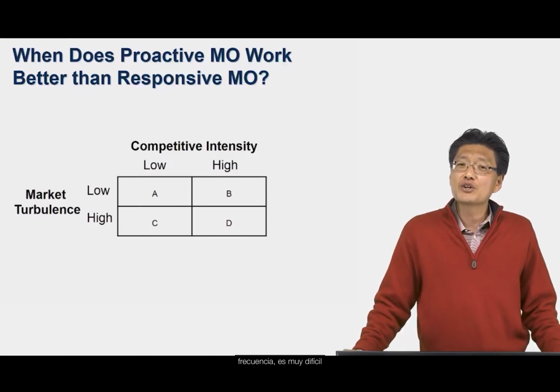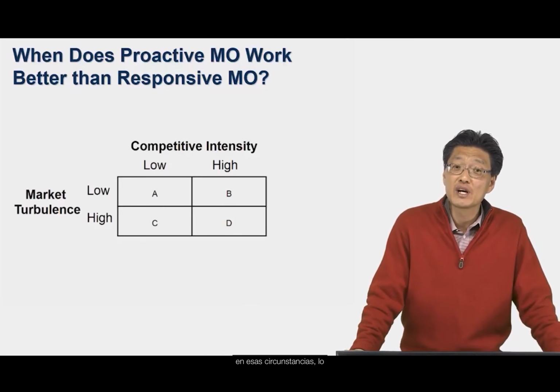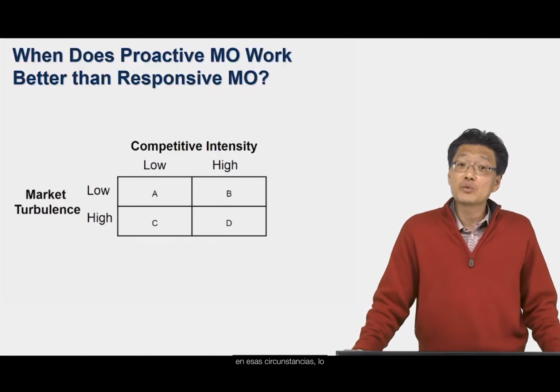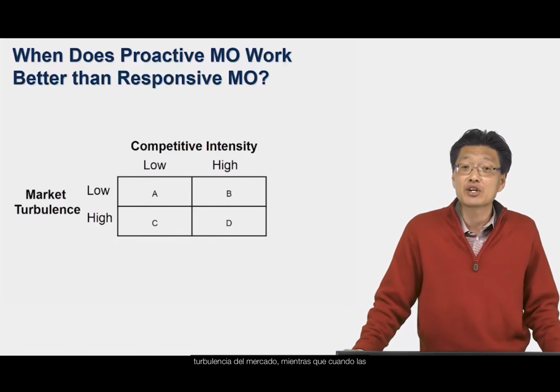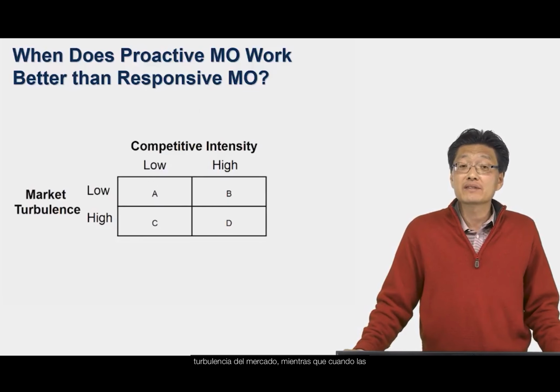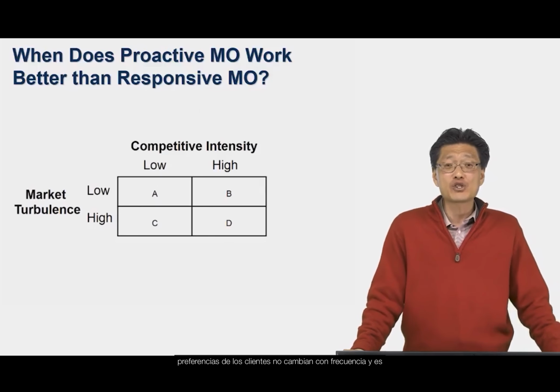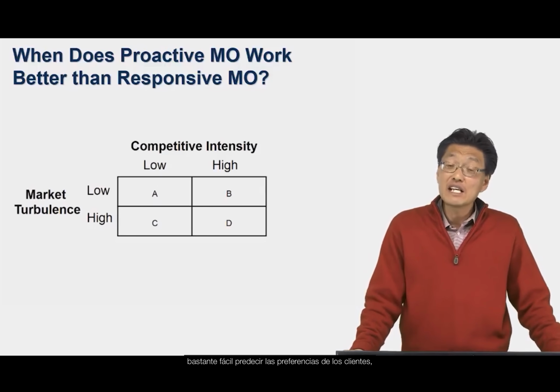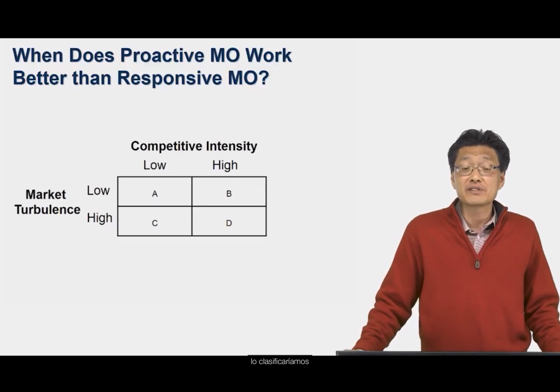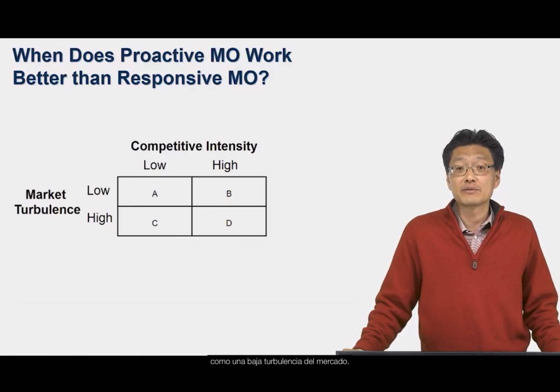It's very hard to predict how customer preferences would change. Under those circumstances, we would categorize that as high market turbulence, whereas when customer preferences do not change often, and it's fairly easy to predict customer preferences, then we would classify that as low market turbulence.